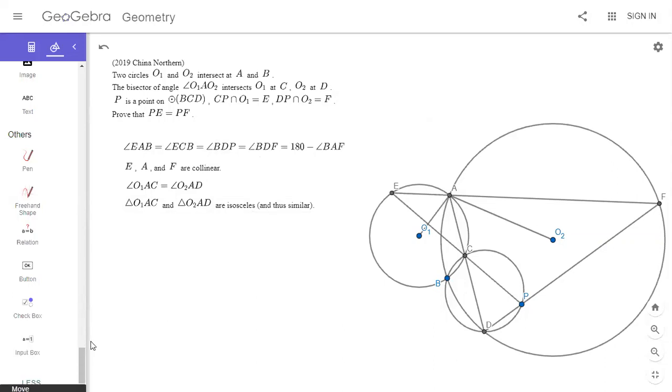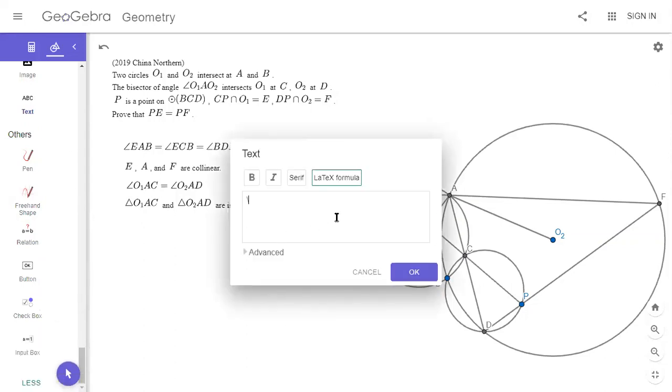Okay, and so from here, it's just an angle chase because angle AEC is half of angle AO1C, which is half of angle AO2D, which is equal to angle AFD. Okay.